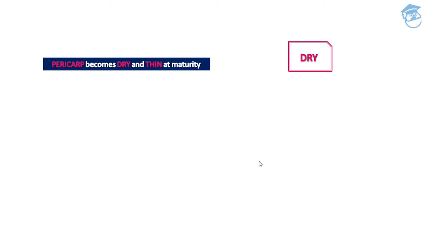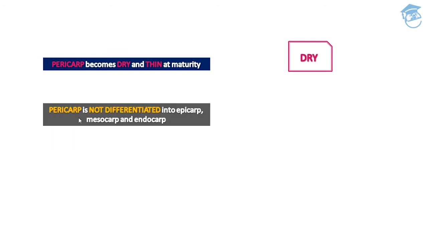See, dry. Pericarp becomes dry and thin at maturity. Okay, and pericarp is not differentiated into epicarp, mesocarp, and endocarp. I have just taught you that pericarp is made up of epicarp, mesocarp, and endocarp. But here, in case of a dry fruit, pericarp is not differentiated into them.